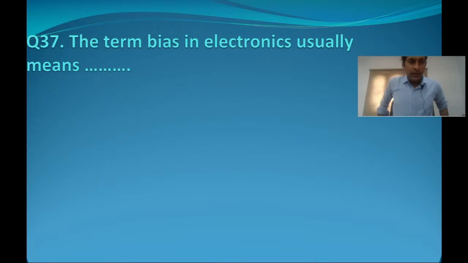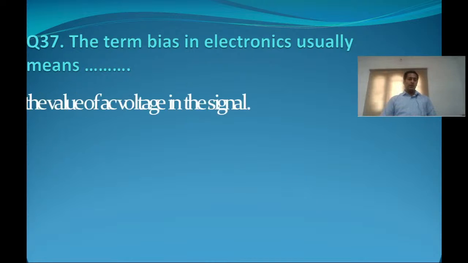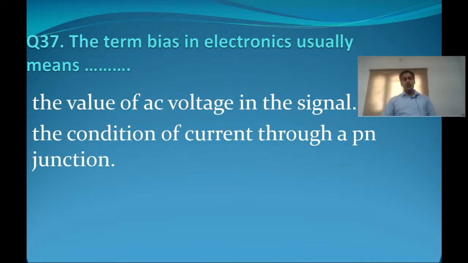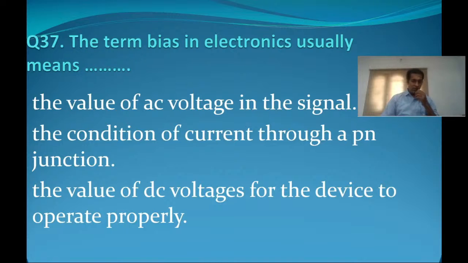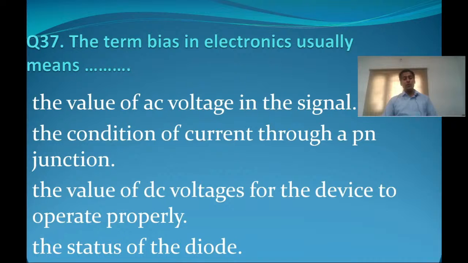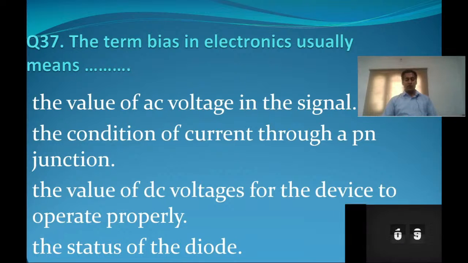Next question is, the term bias in electronics usually means. What is the meaning of biasing? The value of AC voltage in the signal, or the condition of current through a PN junction, or the value of DC voltages for the device to operate properly, or the status of the diode. Your time starts now. Bias means when we connect the voltage values at the input or output side.